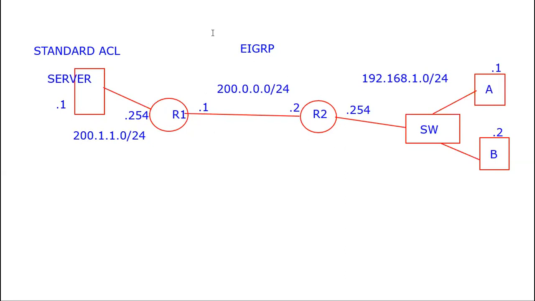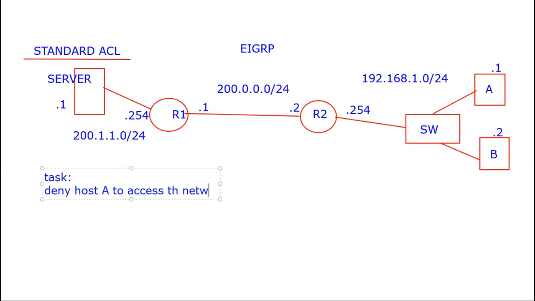After that, we will configure standard ACL. For standard ACL, first of all, the task is to deny host A access to the 200.1.1.0 network.